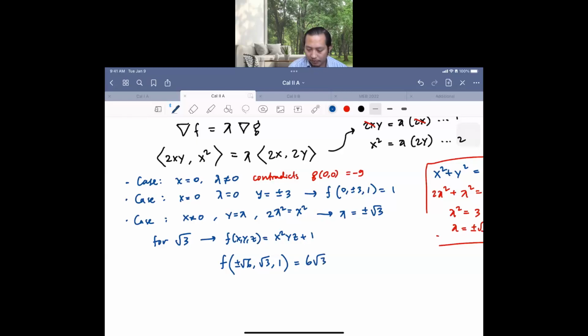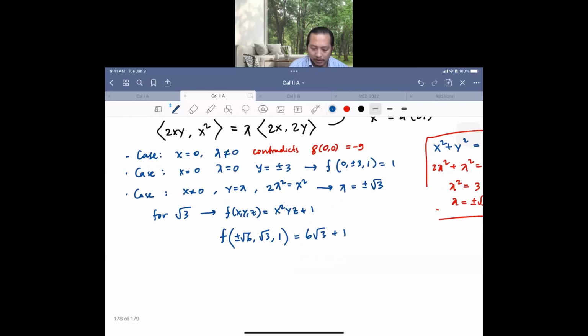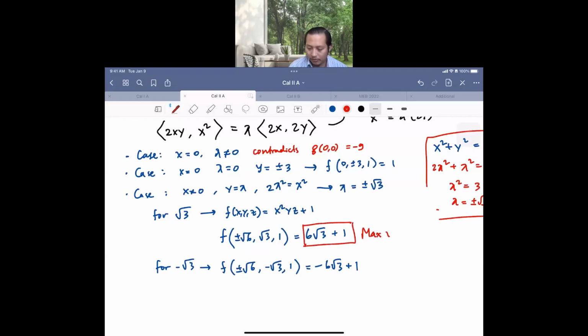And then for negative square root of 3, this will be plus or minus square root of 6, negative square root of 3, and 1. So this will be negative 6 square root of 3 plus 1. So from here, the maximum value that we have is this.